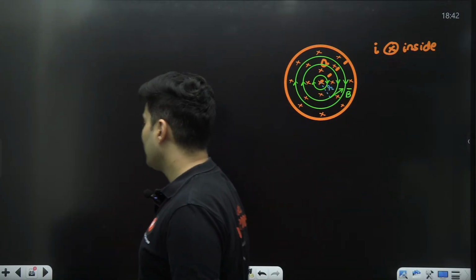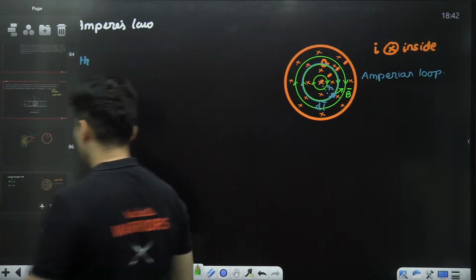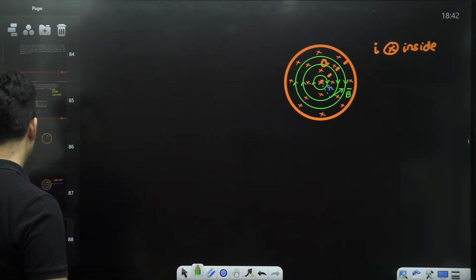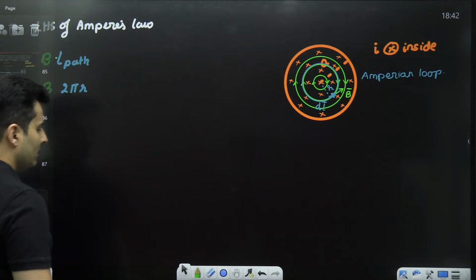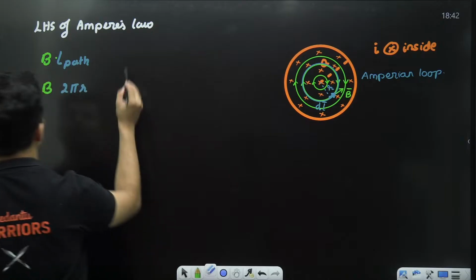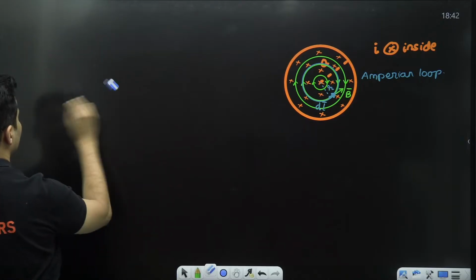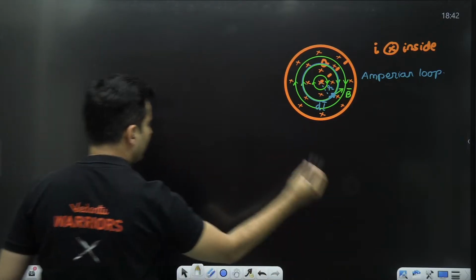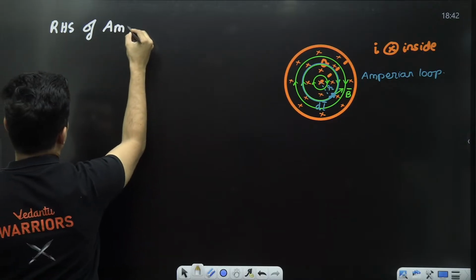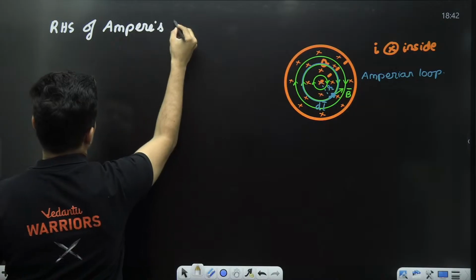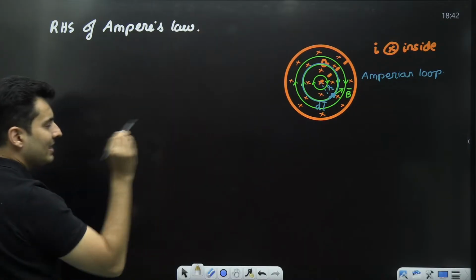What about the right hand side of Ampere's law? Let's try to do that. Now that is going to be slightly tricky.